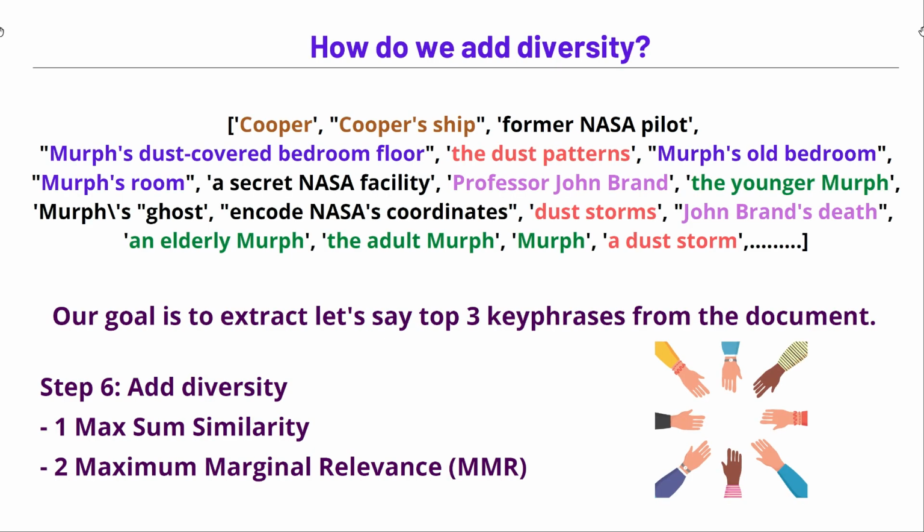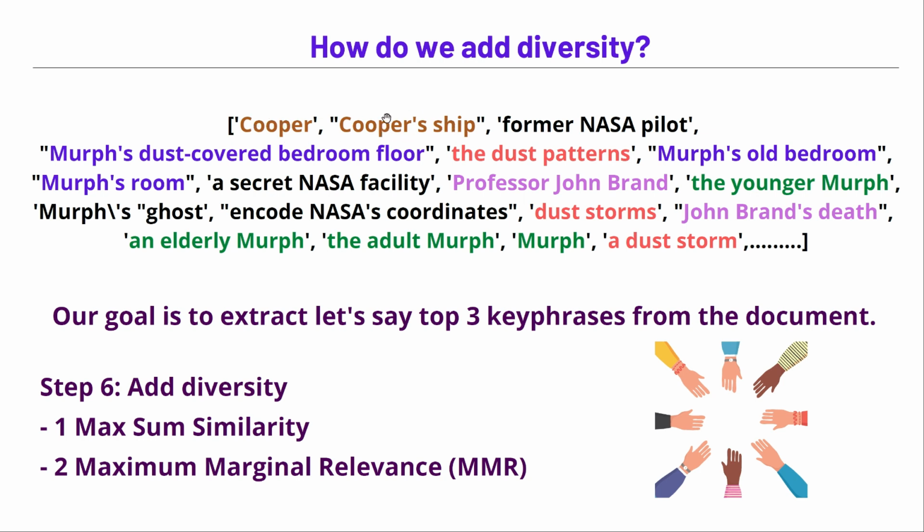So how do we add diversity? For example, I've taken a bigger selection of sorted keywords from our Interstellar movie plot, and as you can see, I've color coded them, where perhaps you have about 20 or 25 keywords, and from this, if someone says extract the top 3 key phrases from the document, perhaps you're going to only pick one from each color.